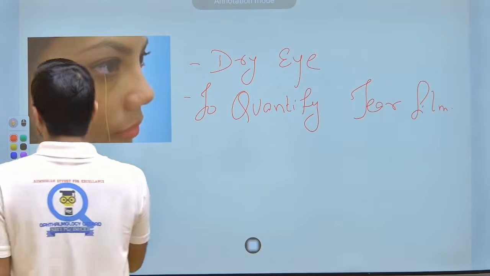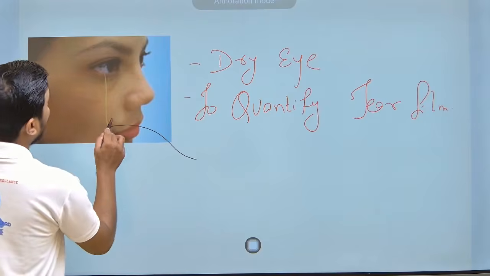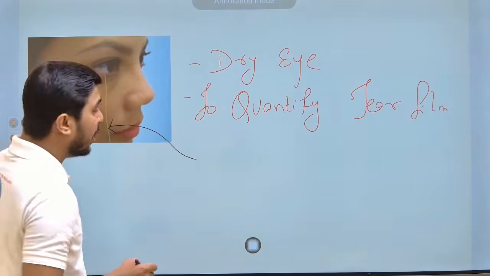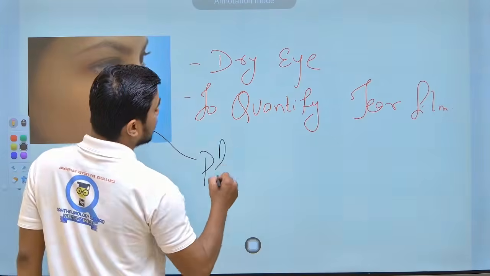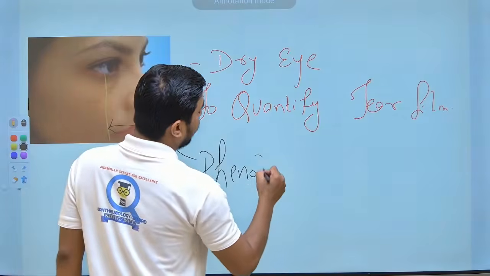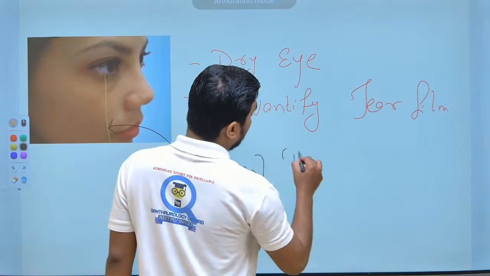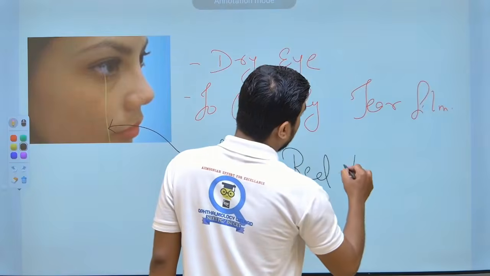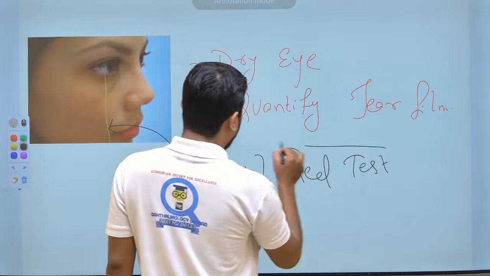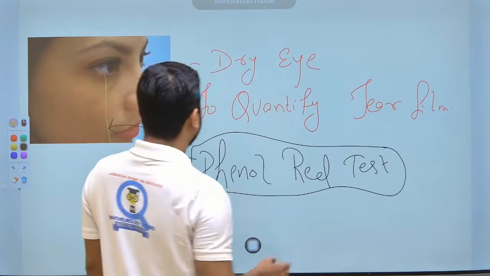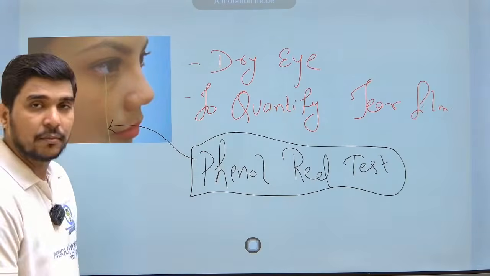Understood? Then what is this? Although this strip does not look red, this test is phenol red test, and this thread is phenol red thread. Understood? Got it?